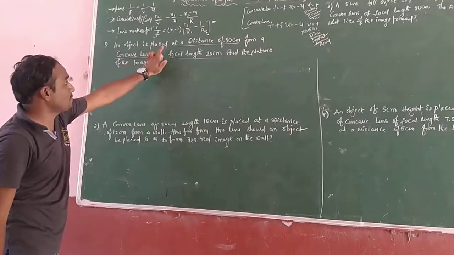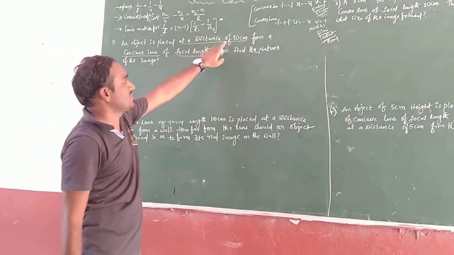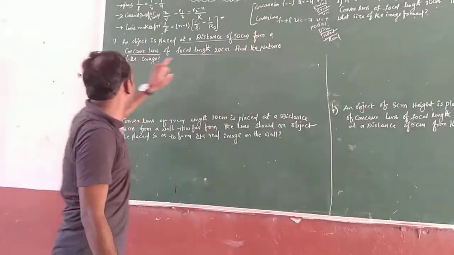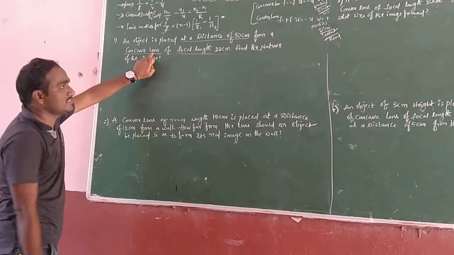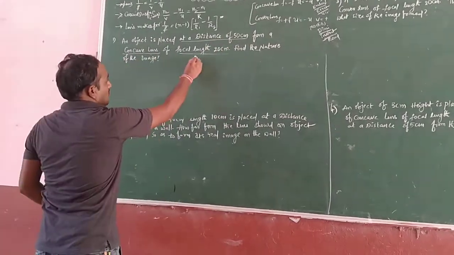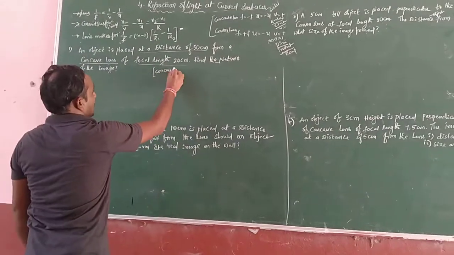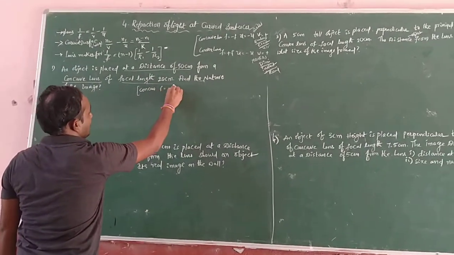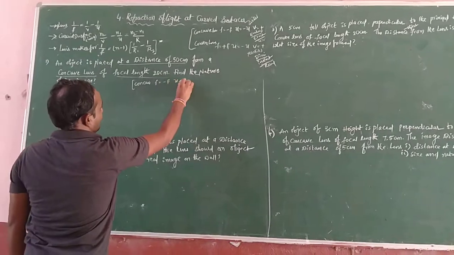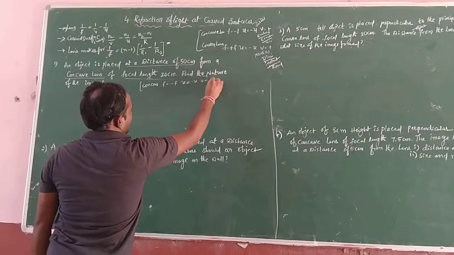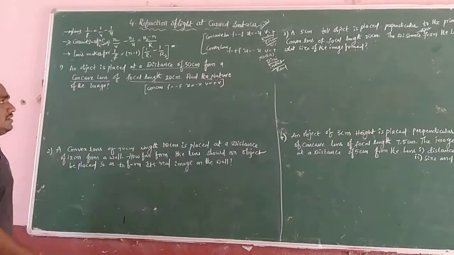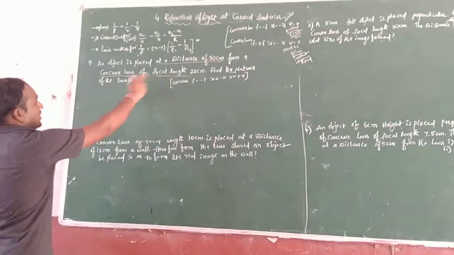An object is placed at a distance of 50 cm from a concave lens. We know the sign convention and characteristics: u is negative, v is positive.